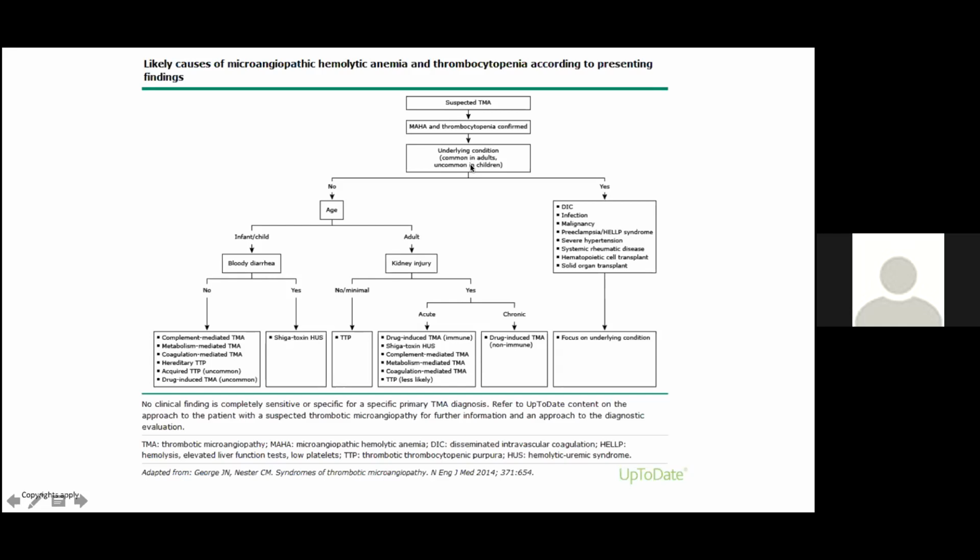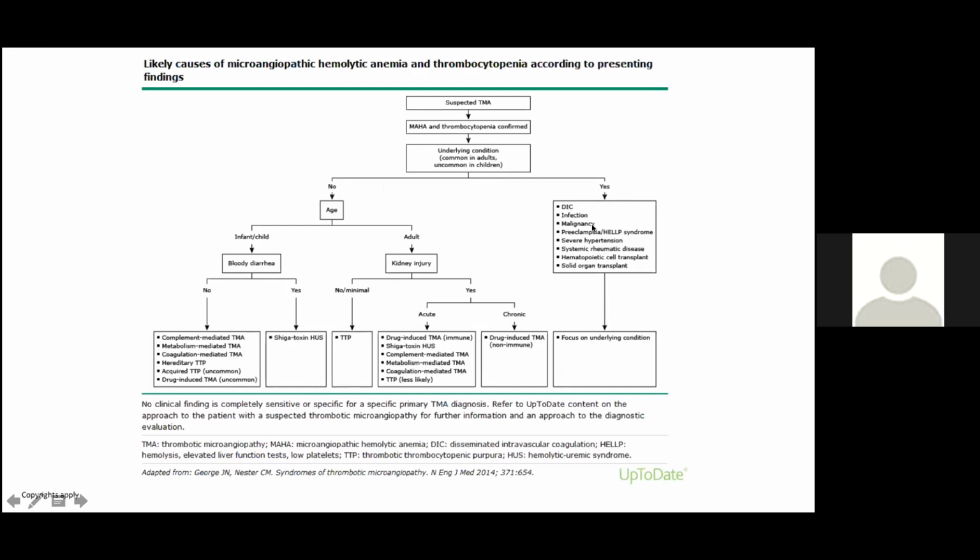So if the patient is an adult, it's common to have an underlying disease. You just check whether there is DIC. There will be significant differences in clotting parameters and in the degree of thrombocytopenia between these two conditions.